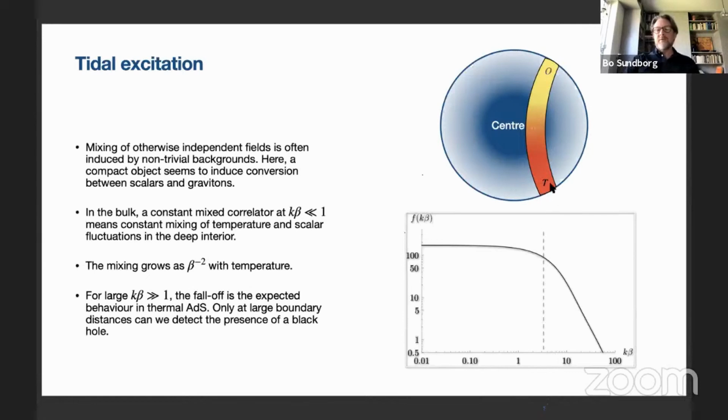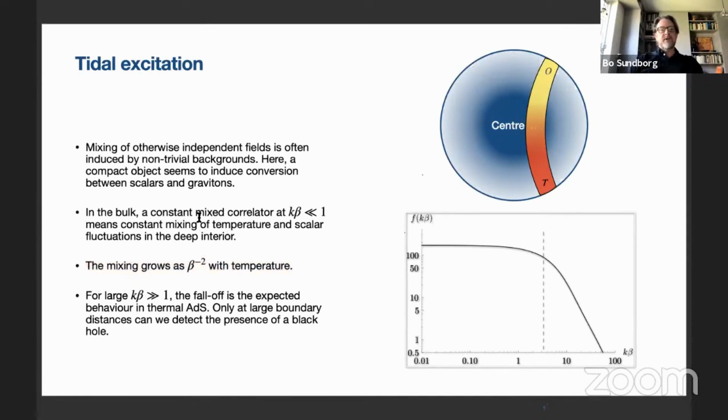However, if you're far enough for low enough momenta, if you're far enough away from each other, then you will see this correlation. You will see a transmutation or conversion of the ground state field to a graviton. And this mixing grows with temperature.